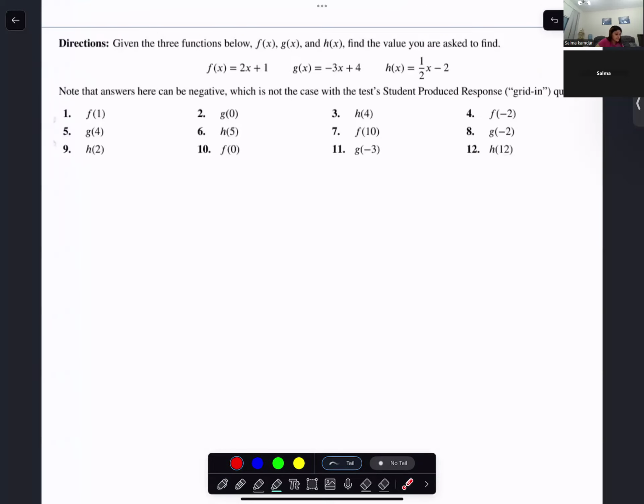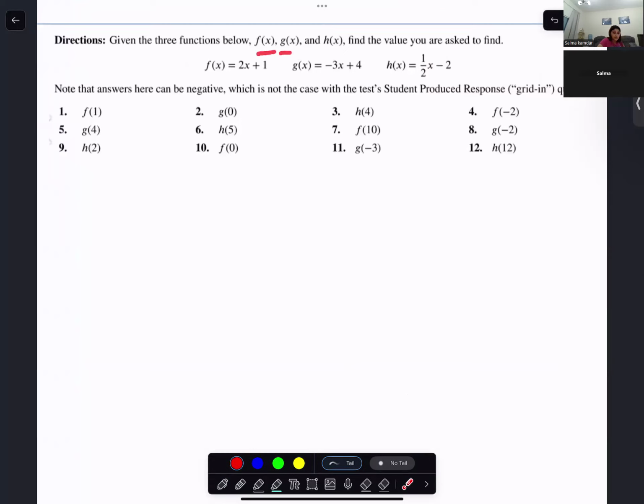Now you are given three functions: f of x, g of x, and h of x.